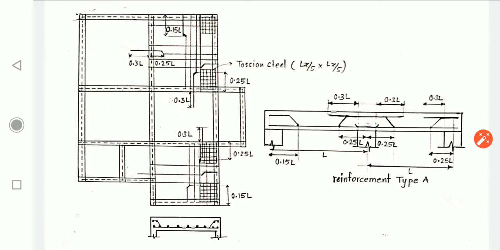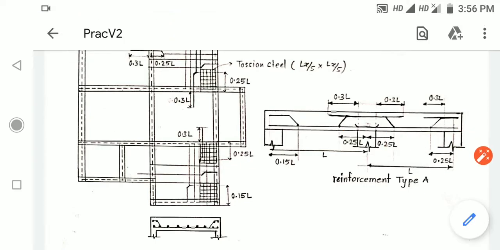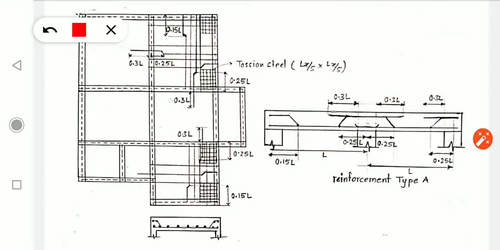Therefore those corners might have a chance to uplift, so here we need to provide a torsional mesh or torsional reinforcement. In this case there will not be any torsional reinforcement because all four corners have fixity or continuity. Understood?